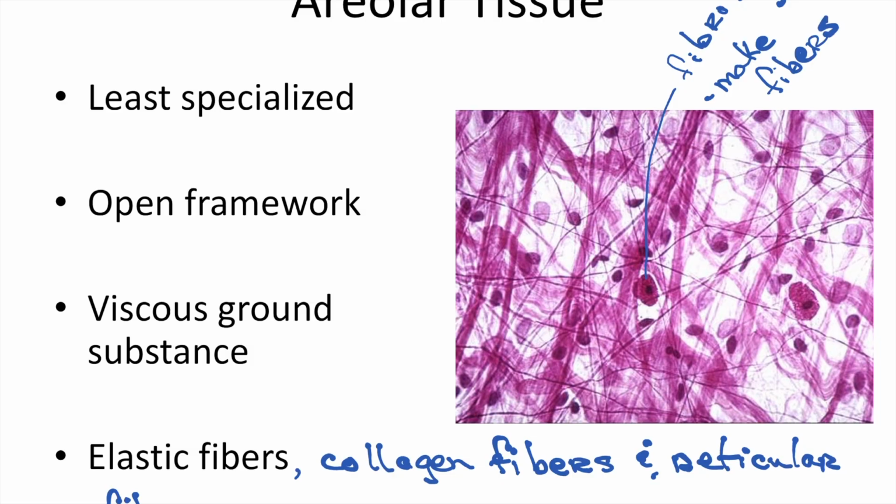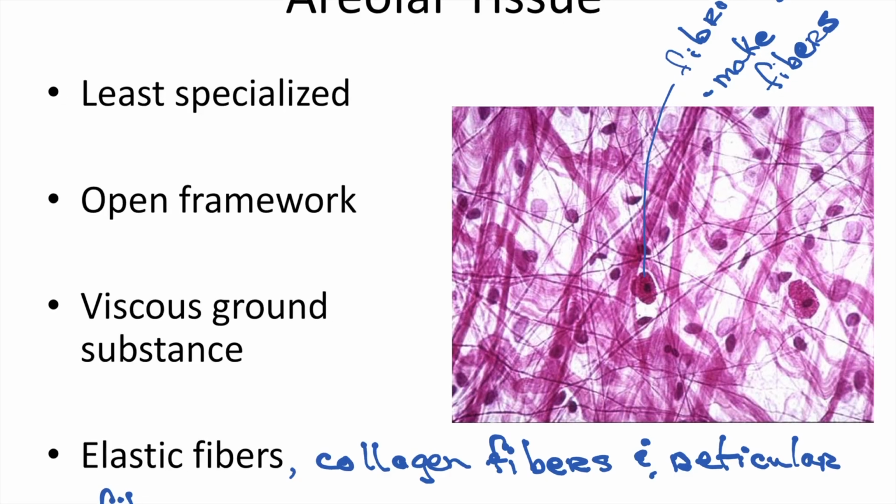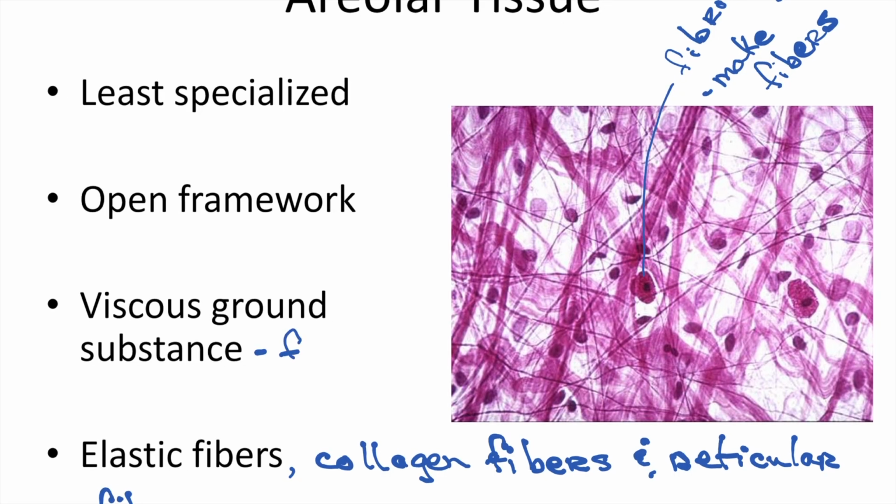And outside of your fibroblasts, in addition to the extracellular fibers, you have a thin, viscous ground substance. This is a fluid that makes the tissue slippery.